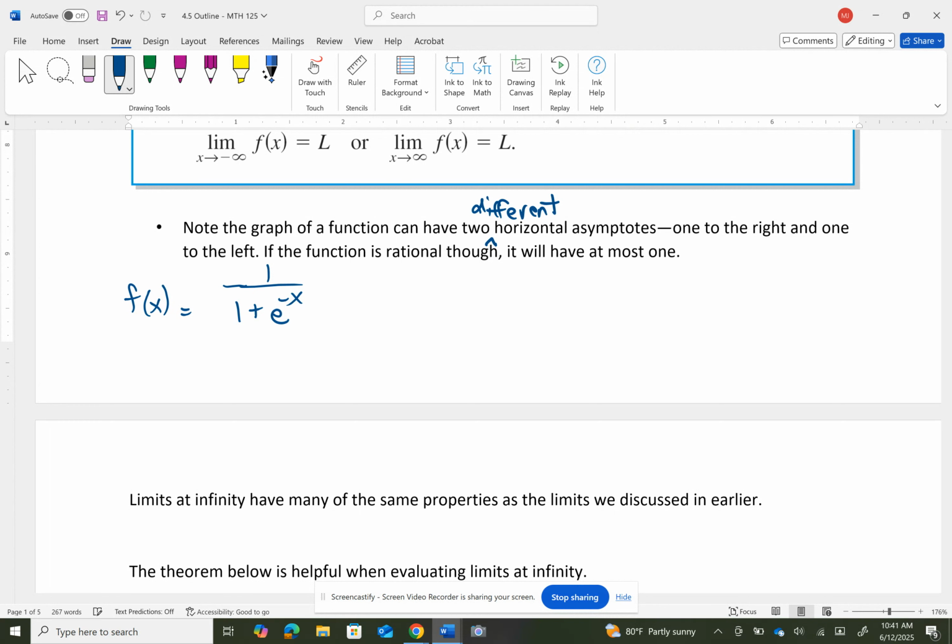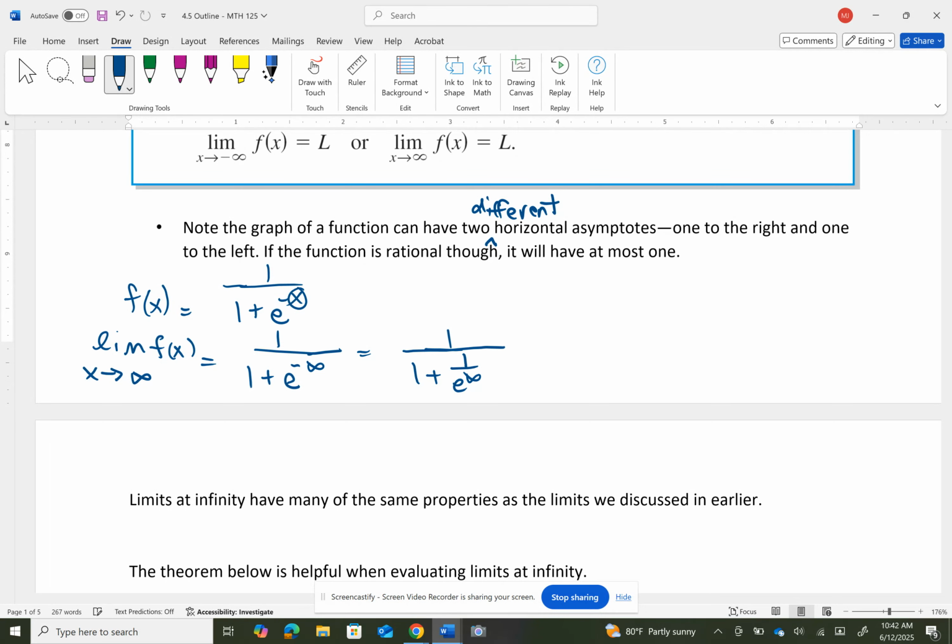If I wanted the limit of f of x as x approaches positive infinity, that would be 1 over 1 plus e to the negative infinity, because the infinity goes in for the x. I'm thinking about how e to the negative infinity is the same as 1 over e to the positive infinity.